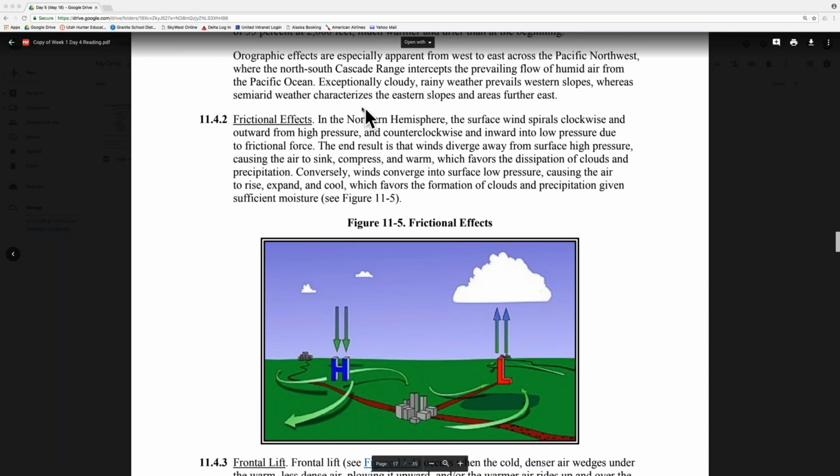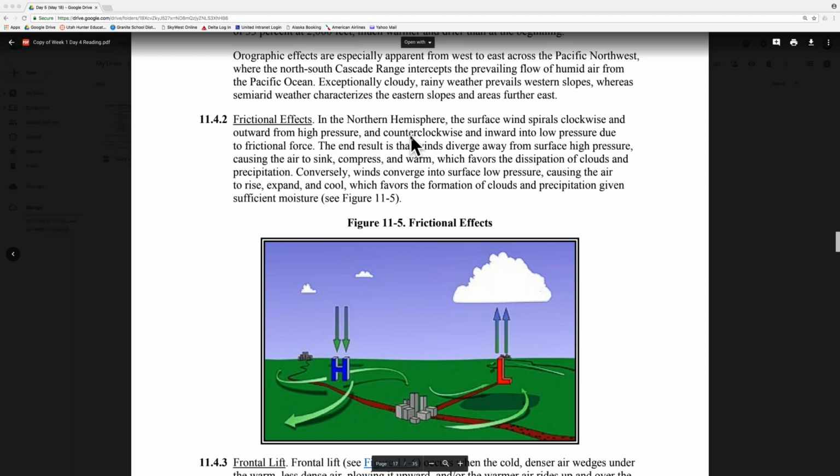So frictional effects. In the northern hemisphere, the surface wind spirals clockwise and outward from a high pressure, and counterclockwise and inward into a low pressure due to frictional force.